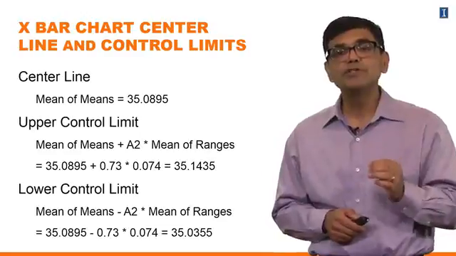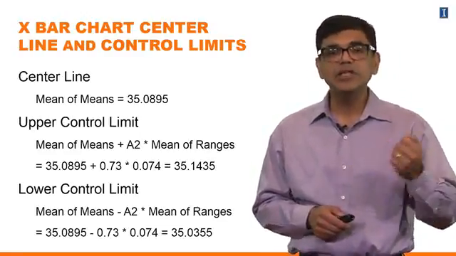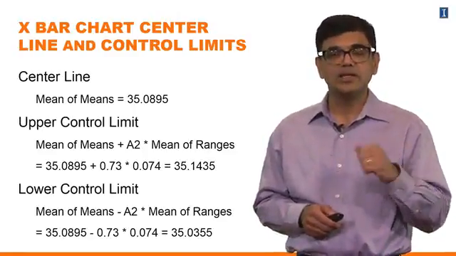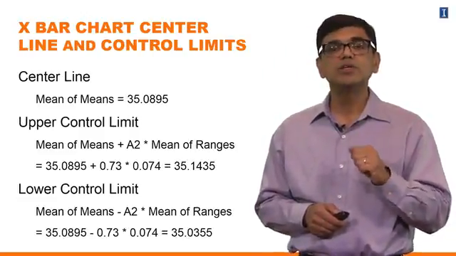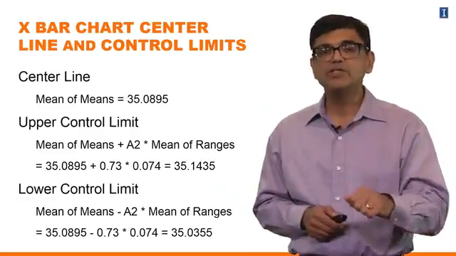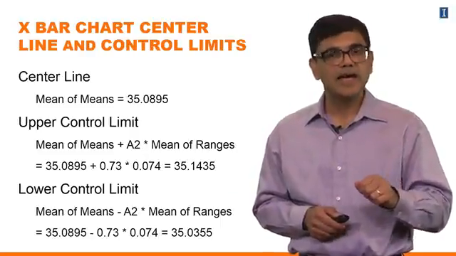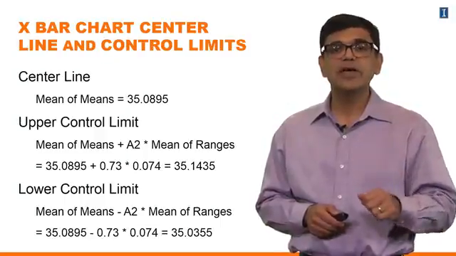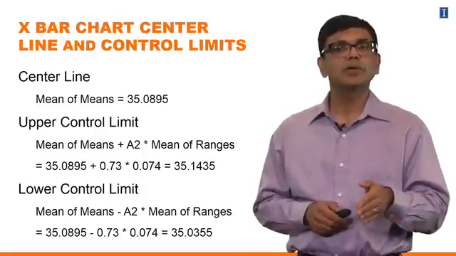Now, what you should have noticed over here is that between the R chart and the X bar chart, we are using the range to come up with the upper and lower control limits for the X bar chart, right? So this seems kind of strange that we're using something from a different chart to compute the upper and lower control limits.